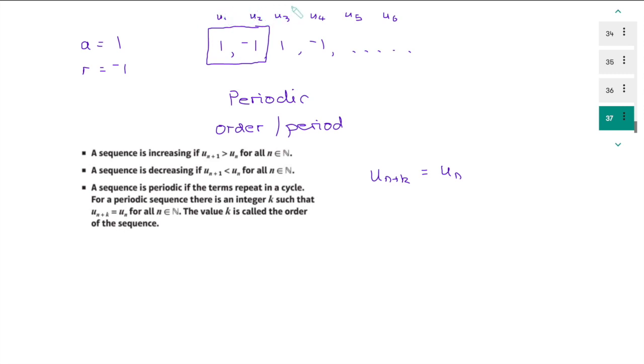We're repeating every 2, cycling around the same 2. So for this sequence, we've got un plus 2 is the same as un. So every other value is going to be the same. So this k here, we define to be the period or the order. So the value k is called the order or period of the sequence.